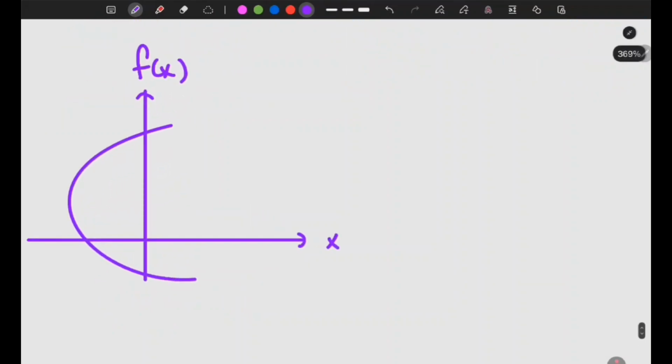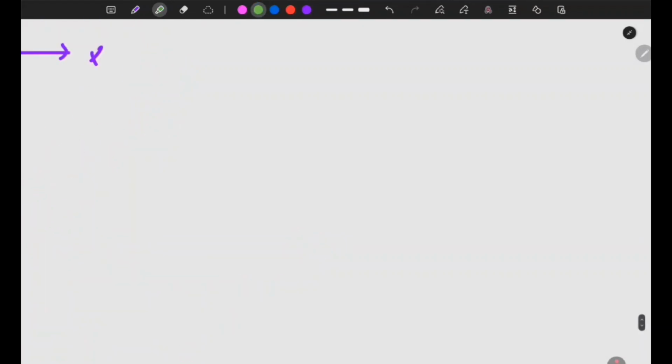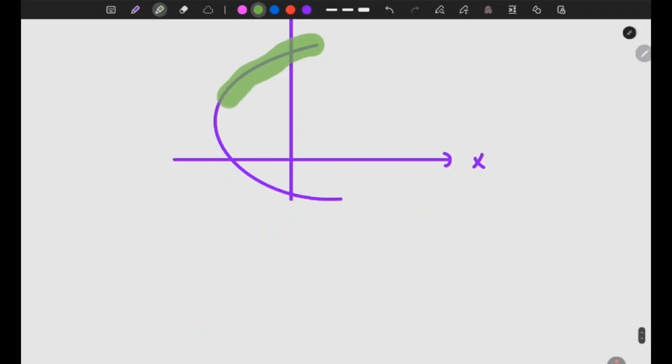Let's just say any part of this graph, choose one point, maybe at this point, and from there you draw a vertical line.